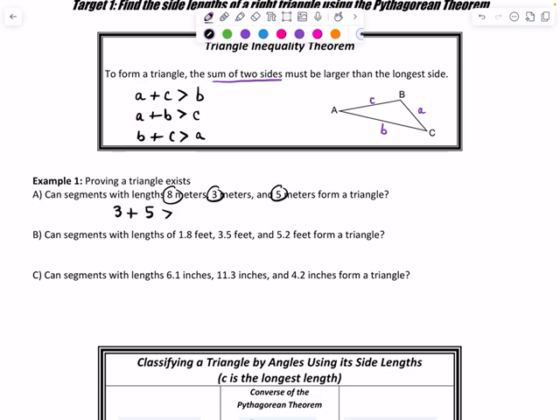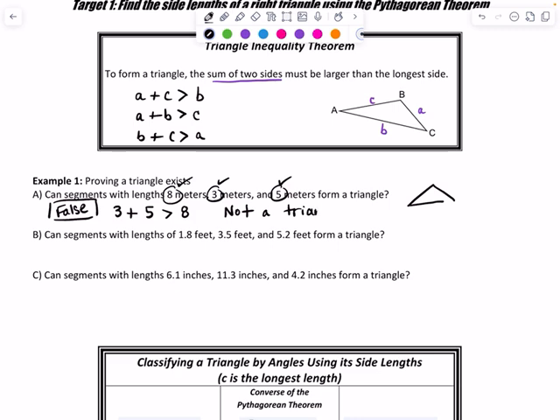Is that greater than 8? That is not greater than 8. This is false. It is equal to 8. So therefore, these three side lengths cannot create a triangle. It would kind of come short. It would look something like that. So this is false. Therefore, we would say that this is not a triangle.